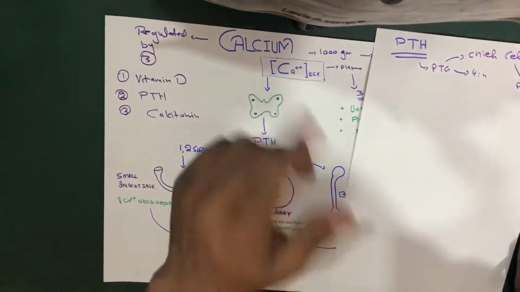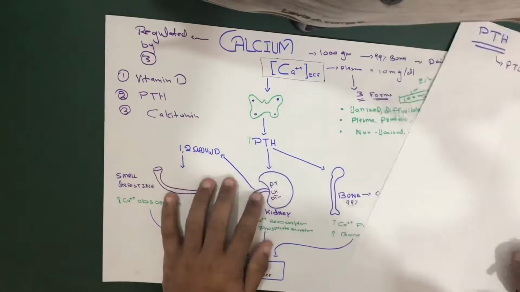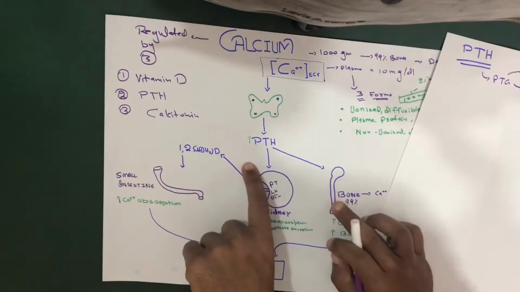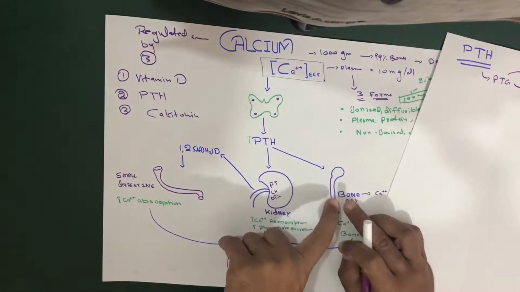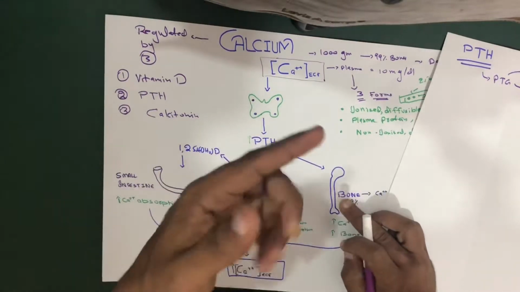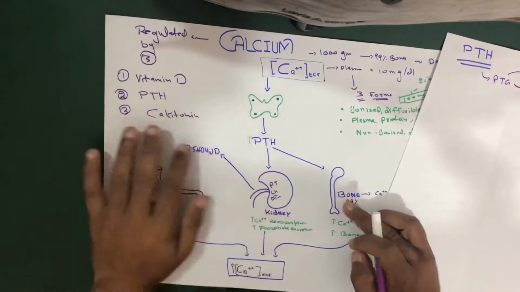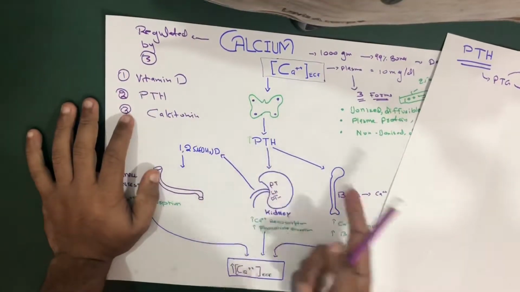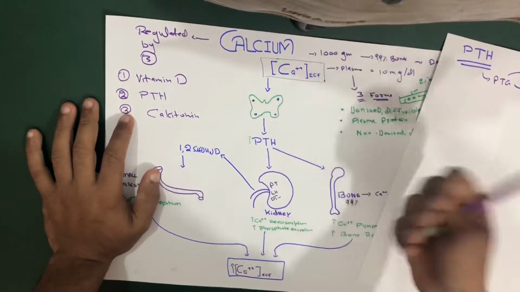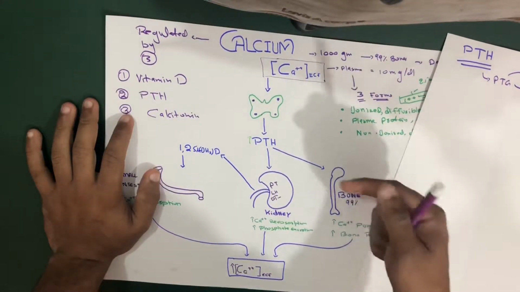Remember, your parathyroid hormone acts directly on bones, and when it acts on bone, it increases bone resorption and mobilizes calcium and phosphate. What does that mean? It acts on the bone, takes out its calcium and releases it into the plasma.